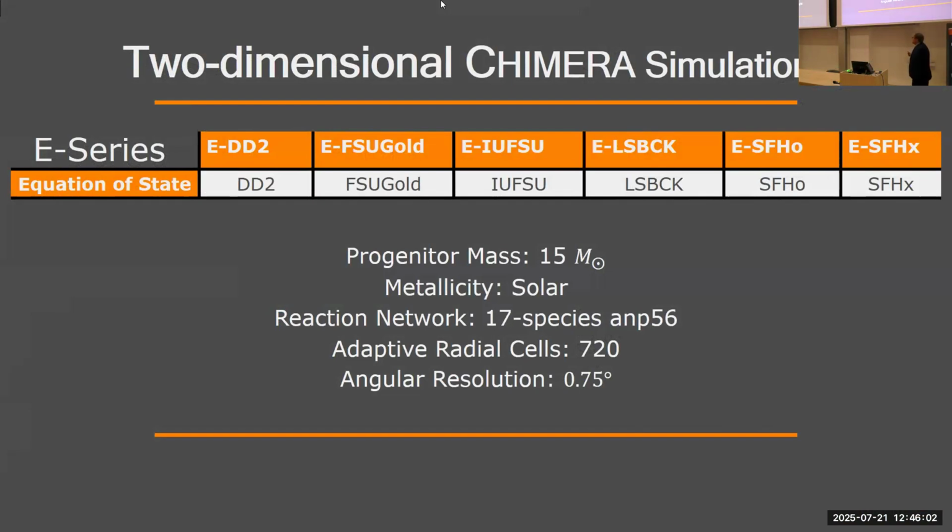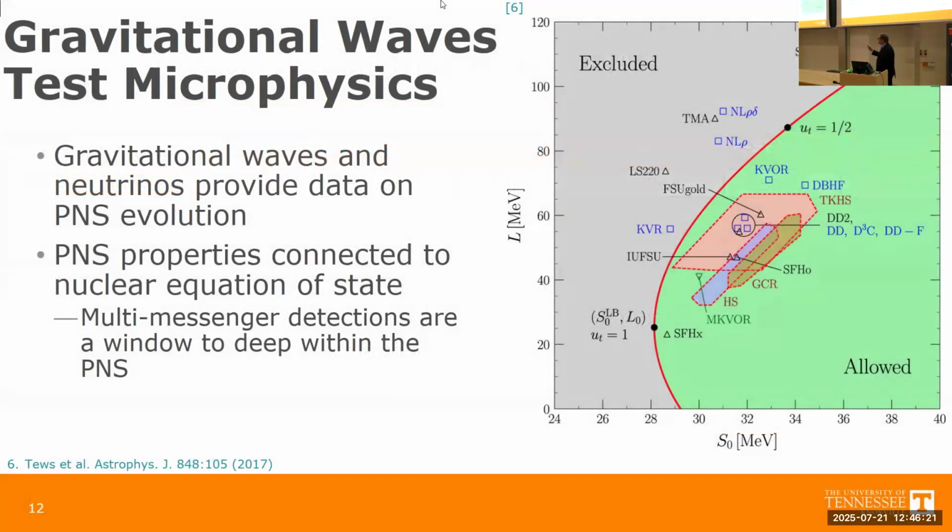I'll just very, very briefly mention this. We have a two-dimensional study where we investigated the effects of the nuclear equation of state on that high frequency feature. So we have the same model, the exact same physics going into our simulation. The only thing we changed was the equation of state.